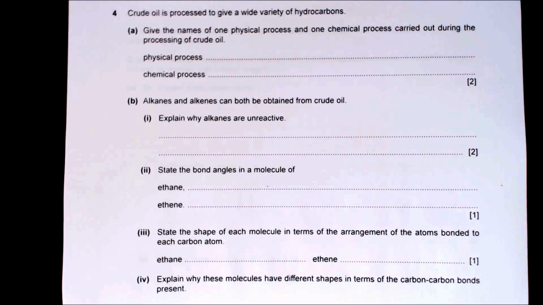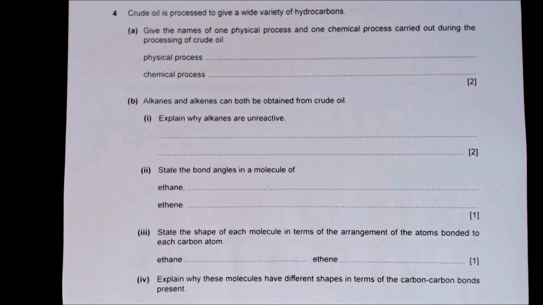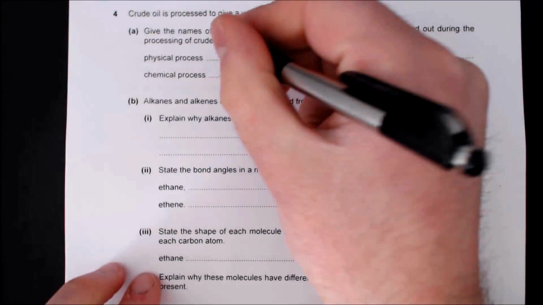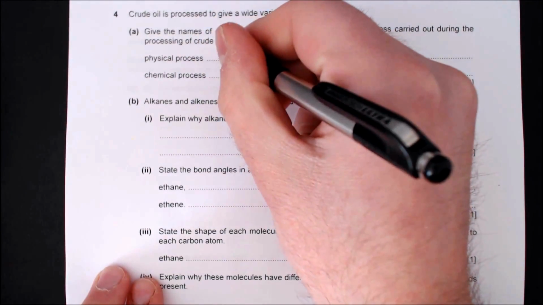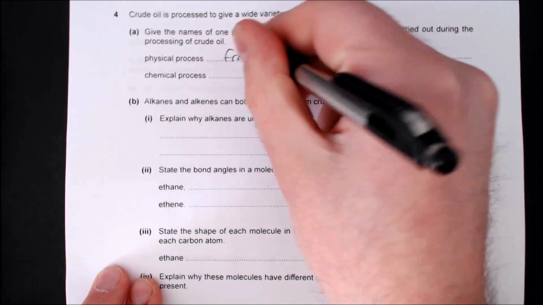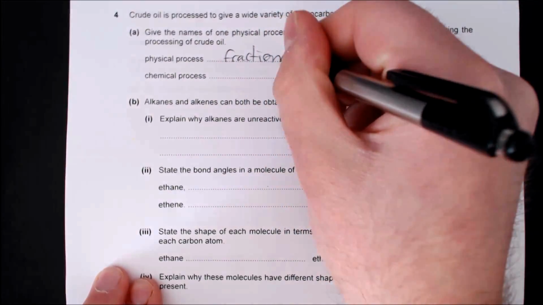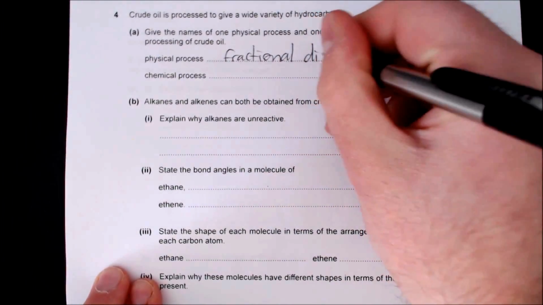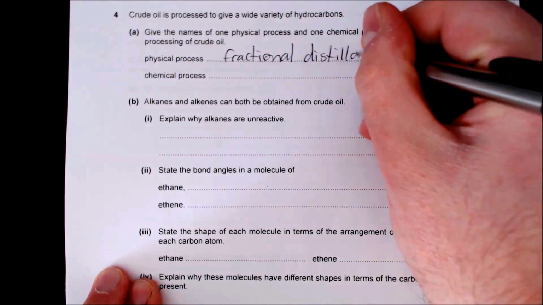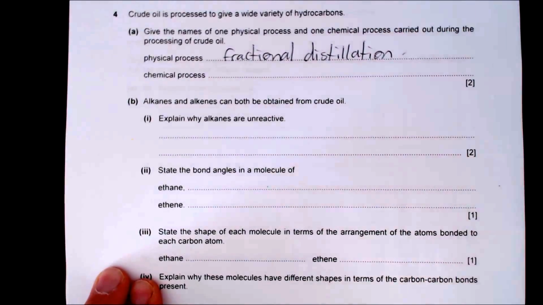The process which uses melting and boiling points is fractional distillation. Because you have a fractionating column, so we'll put that there. Fractional distillation. There you go.